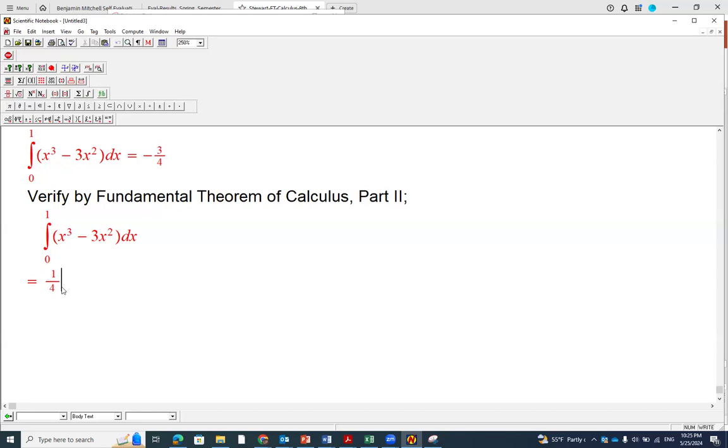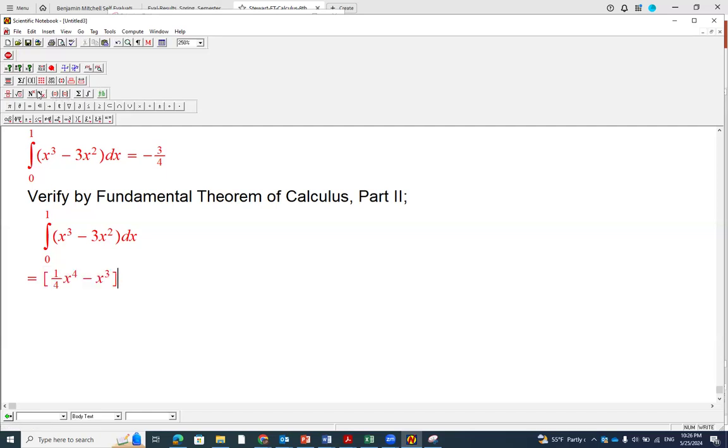Okay, so no, doesn't feel right. So 1/4 x raised to the power 4. Subtracting, okay, the antiderivative of 3x squared is going to be x raised to the power 3. Okay, because the antiderivative of x squared is a third of x raised to the power 3, so I omitted the other details.